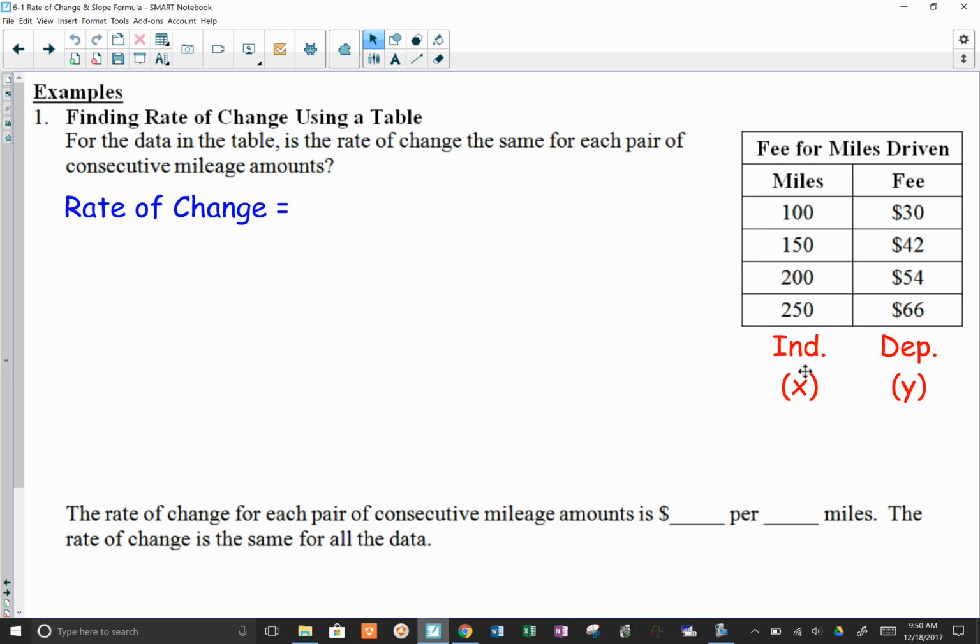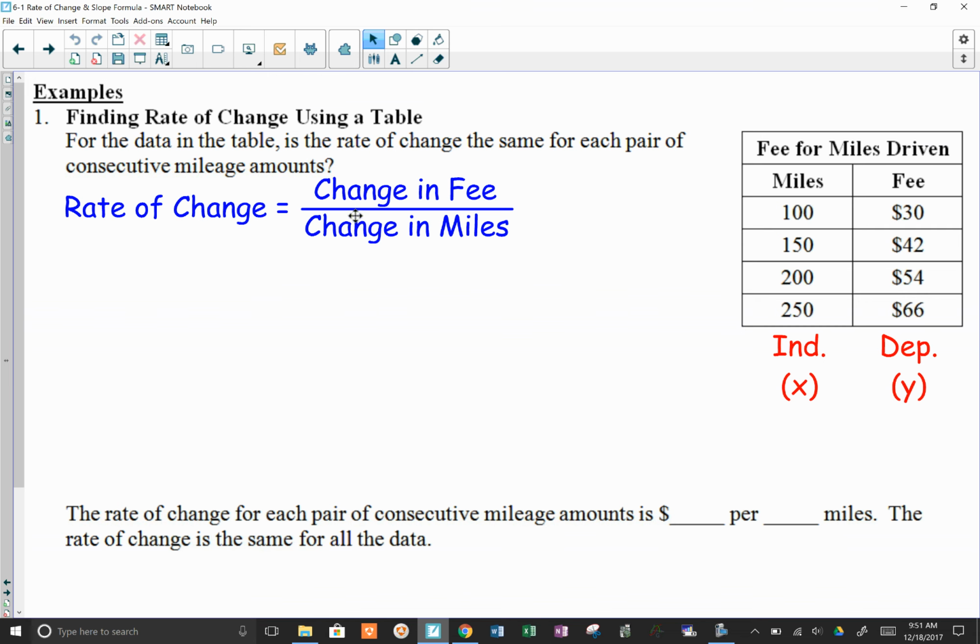So since we have our independent and dependent variables figured out now, rate of change, again, is always dependent over independent. So this would be the change in the fee over the change in the miles. When we talk about change, we're just talking about subtracting them. So if we look at the top two rows, we're going to take the two values for the fee, and we're going to subtract those in our numerator. And you could really do them in either order.